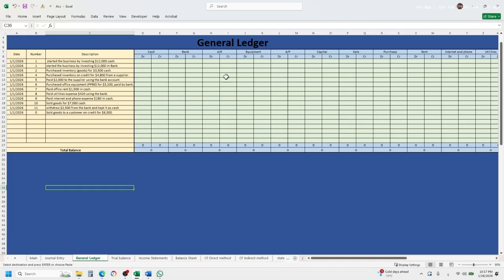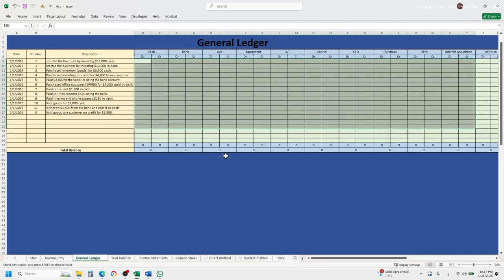Now we start doing the general ledger, the second step in the accounting cycle. We're going to post all journal entries here and see the running balance. Just to let you know, when you work with Excel internationally, the numbers you enter by yourself should be in blue color and numbers from formulas should be in black color.